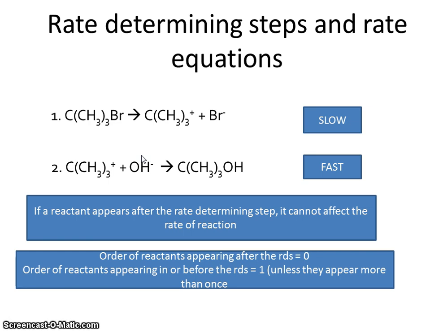Think about what order you'll have for each of those reactants. And the only thing that will affect the rate of reaction will be the halogenoalkane. It'll be 0th order with respect to hydroxide ions. You could include that in the rate equation with the power 0, or you could omit it as we've done here.